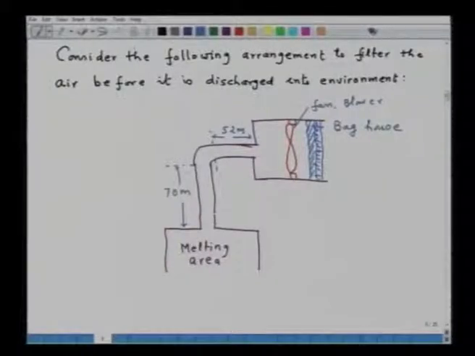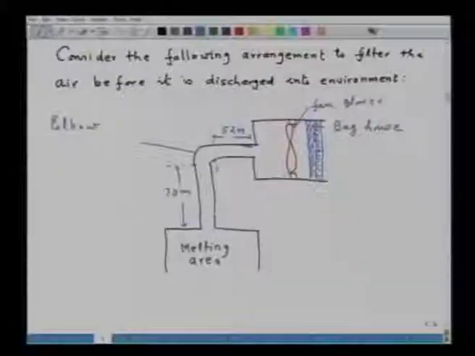The pipeline has one elbow. This is an elbow. This pipeline has an elbow, that is, the vertical pipe and horizontal pipe are connected by an elbow.